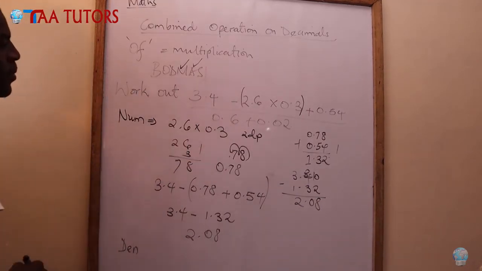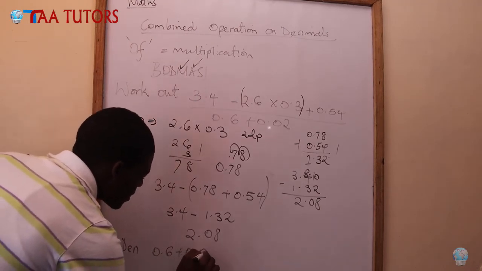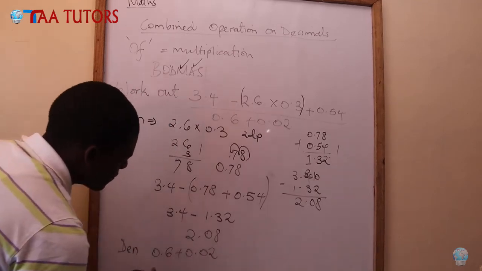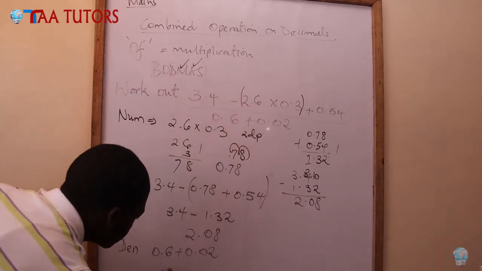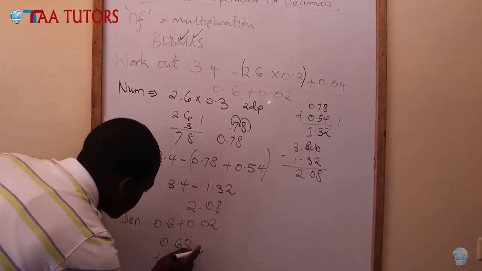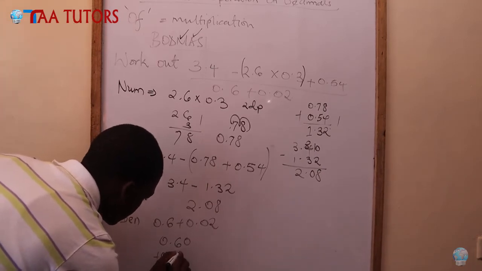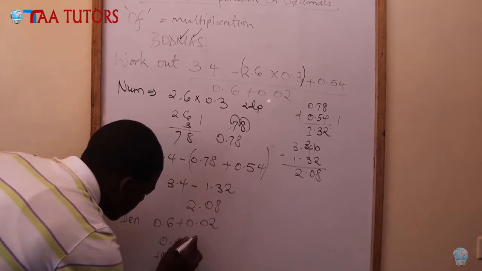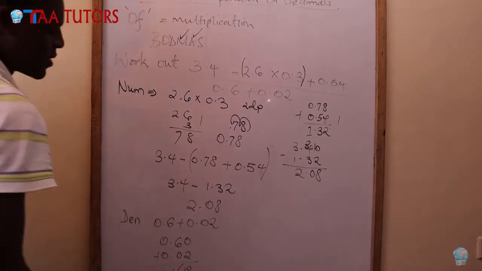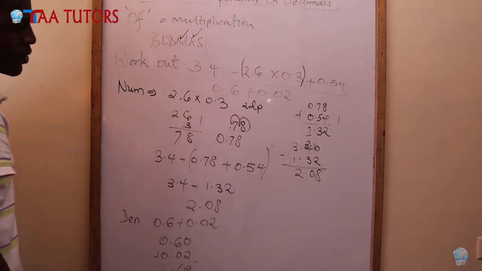Then we will move forward to do the denominator part. It is one operation, that is addition. So we will have 0.6 plus 0.02. Here I've said that we obey the place values of the digits. So we will have 0.60 plus 0.02, where this 0 here is a placeholder. So our answer there is 0.62.